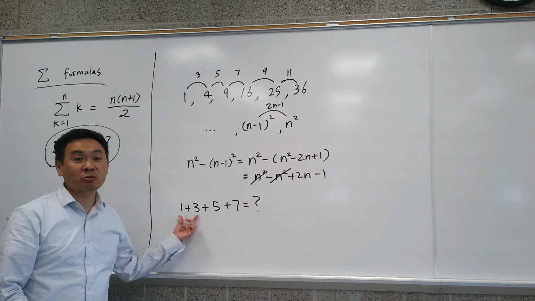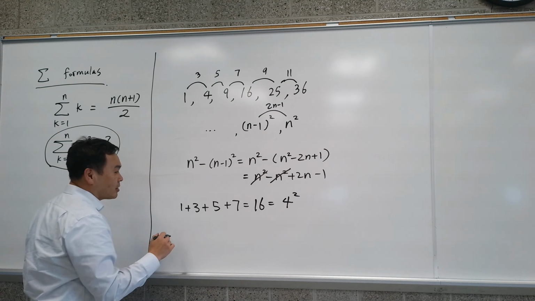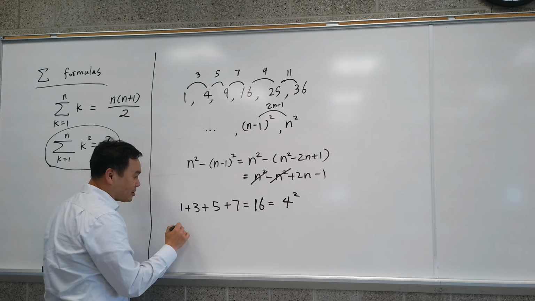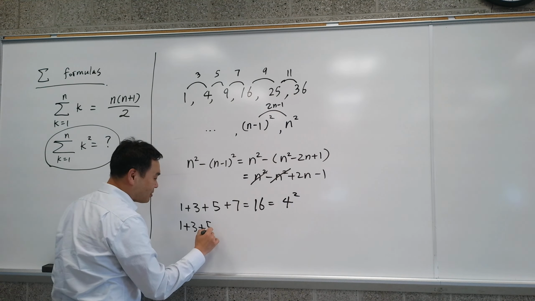Well, what's 1 plus 3? 4. 4 plus 5 is 9, and 9 plus 7 is 16. 16, right? 16, which is 4 squared. Okay. And now let me make it harder. 1 plus 3 plus 5 plus, and so on, plus 2n minus 1. What is that going to be?